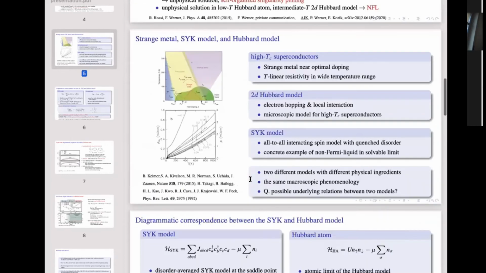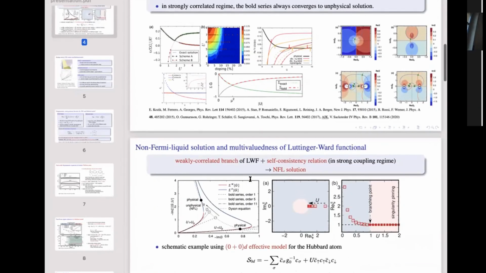For example, when we see the spectral function of the second order Bose series, it shows completely fine. It shows an all positive definite spectral function, and although there are some peaks in the spectral function, there is nothing obviously unphysical in the Green's function.